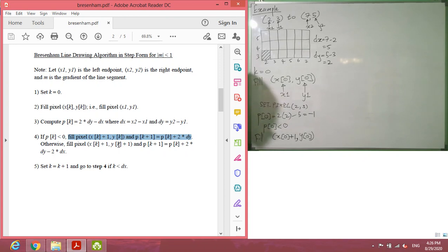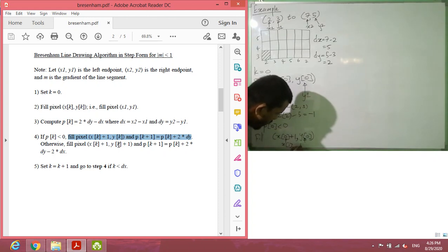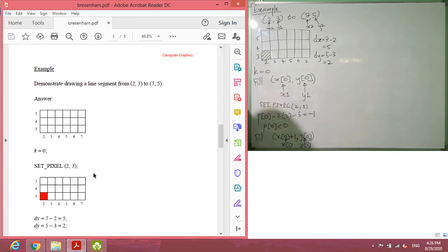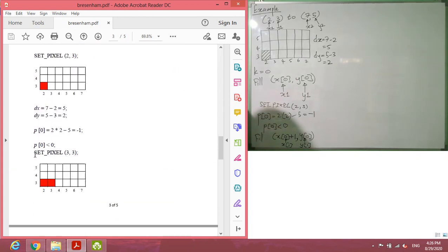Now xk plus 1 is our new x1 and y1. We have to fill now: to the x naught coordinate, we have to add 1.